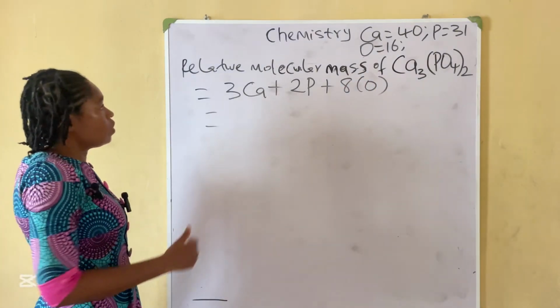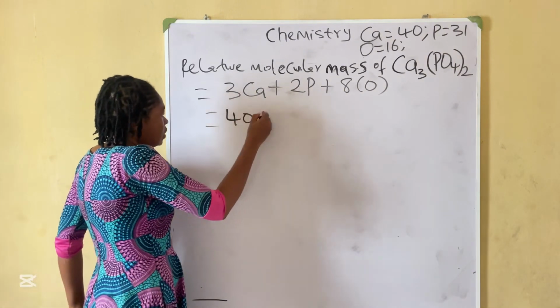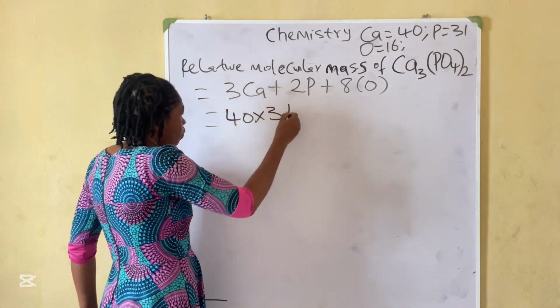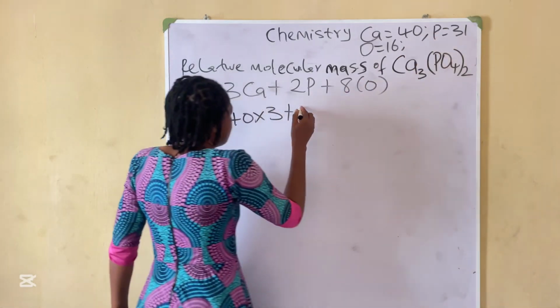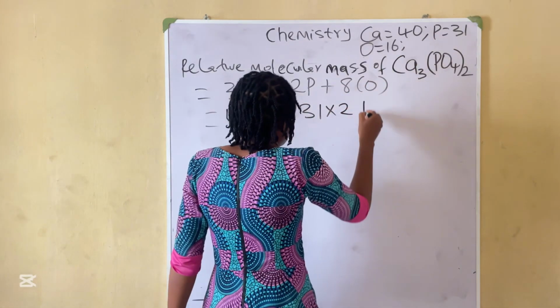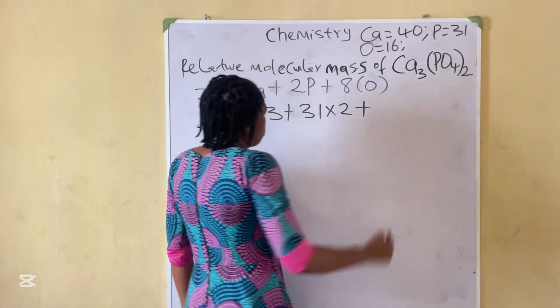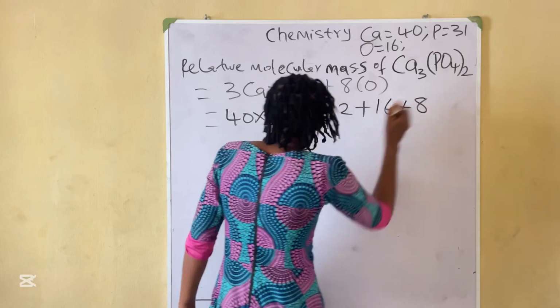The relative atomic mass of calcium is 40. So 40 times 3 atoms of calcium plus relative atomic mass of phosphorus is 31, 31 times 2 atoms of phosphorus plus relative atomic mass of oxygen is 16, 16 times 8 atoms of oxygen.